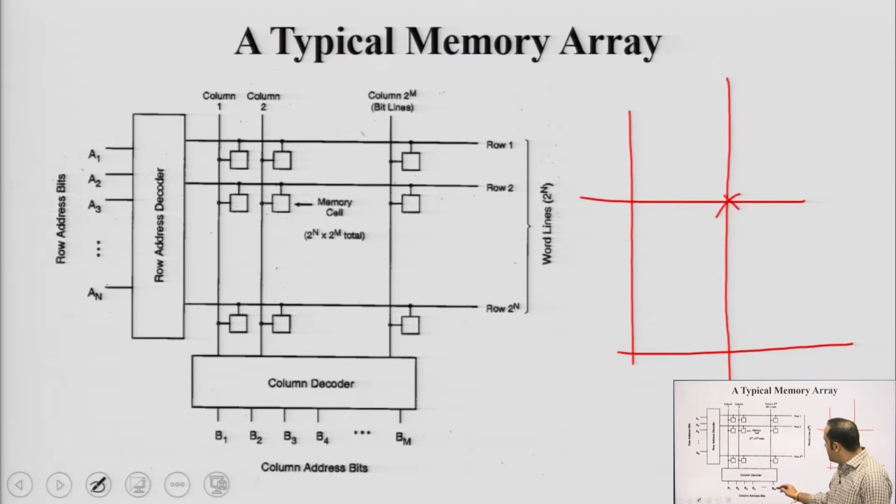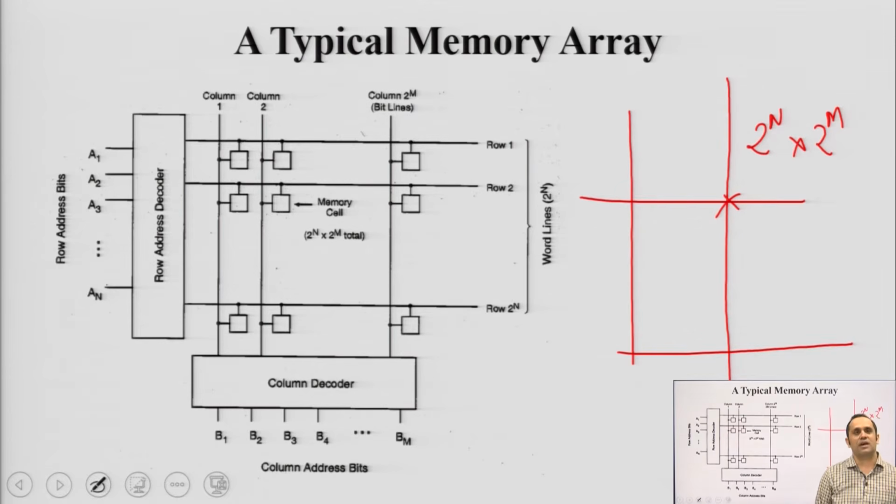If you have an m bit column address, you can have 2 to the power m number of column lines, and the product of these numbers, 2 to the power n row address locations multiplied by 2 to the power m column address locations, tells you about the size of the memory. So, you need some extra circuitry, also known as decoder circuitry, which is going to tell you which location has to be accessed.